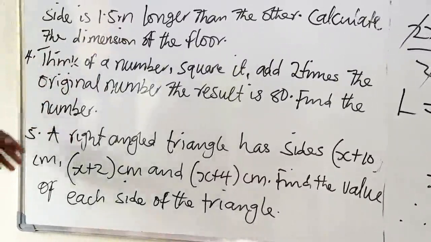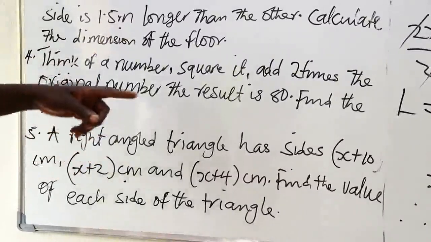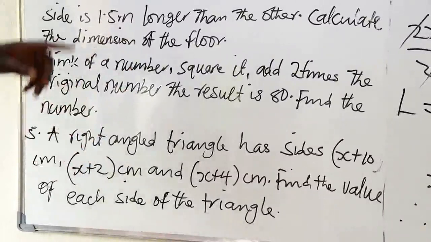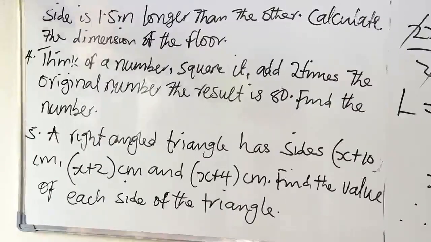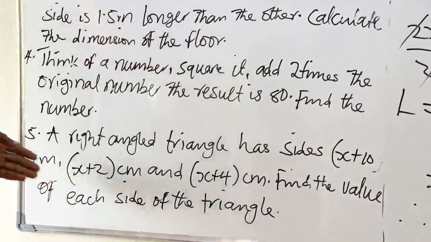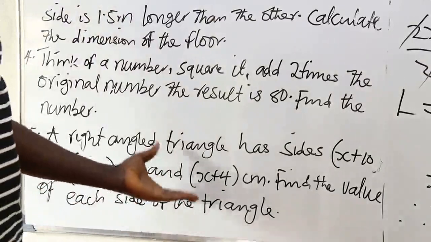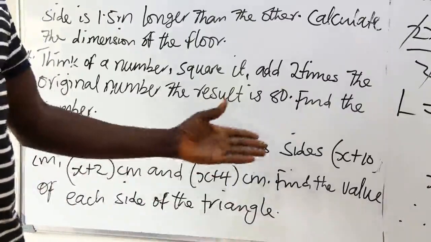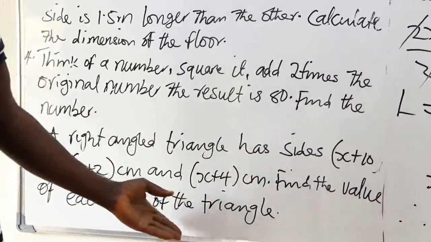Number 5, a right angle triangle has sides (x plus 10) centimeters, (x plus 2) centimeters, and (x plus 4) centimeters. Find the value of each side of the triangle. In this case, you are going to apply Pythagoras theorem because it is a right angle. That is the hint to this problem.